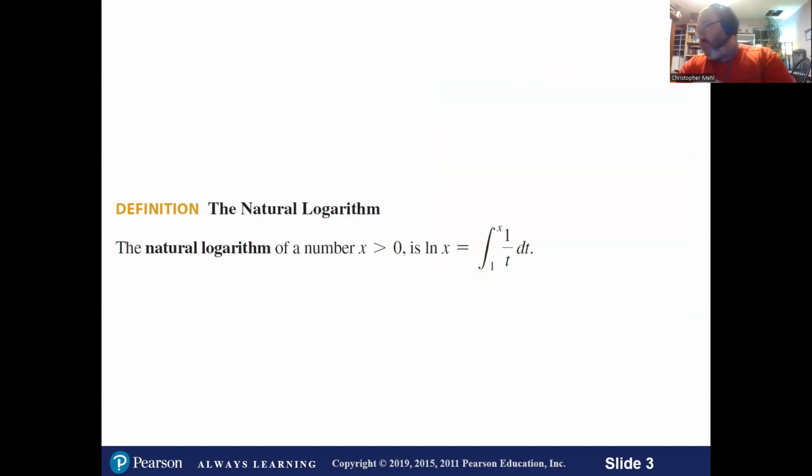And the reason for that is because we learned a bit about logarithmic and exponential functions, but we really didn't. We took a lot of it on faith, and I'll show you what I mean by that.